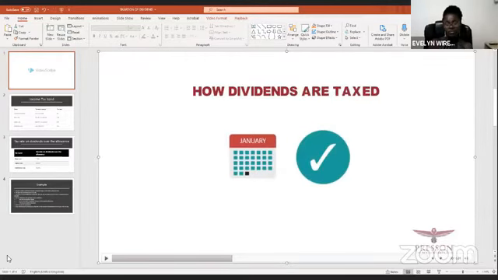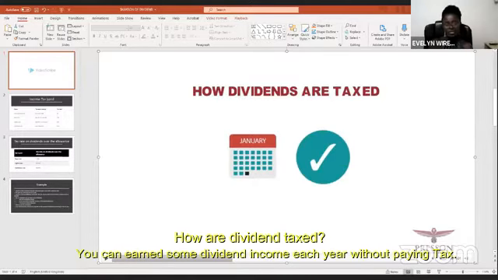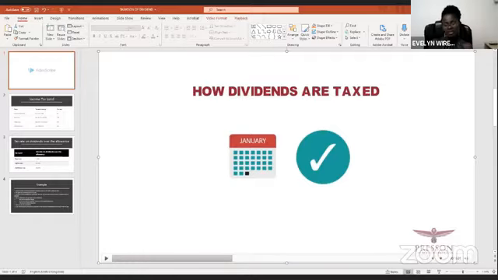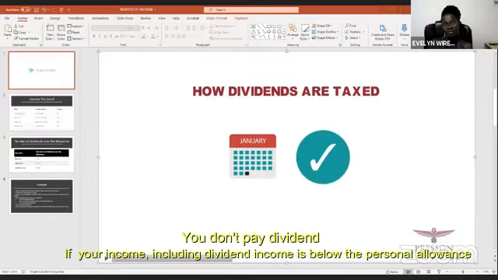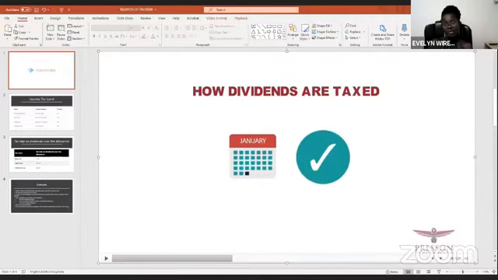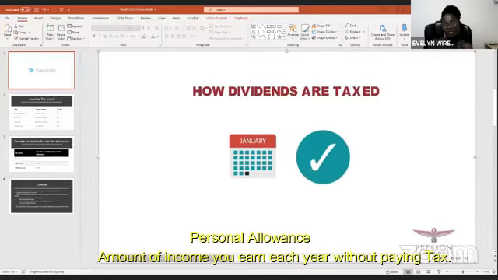So the next point that we want to look at is how are dividends taxed? You can earn some dividend income each year without paying tax. You do not pay tax on any dividend income that falls within your personal allowance. And as I've discussed in earlier videos, personal allowance is the amount of income you earn each year without paying tax.